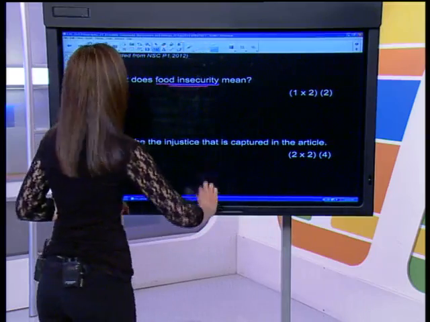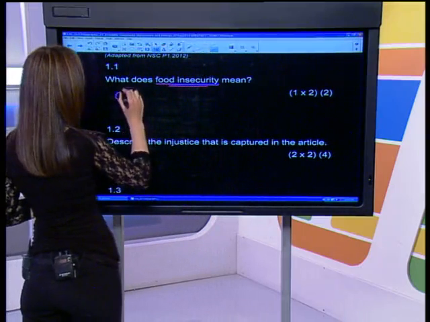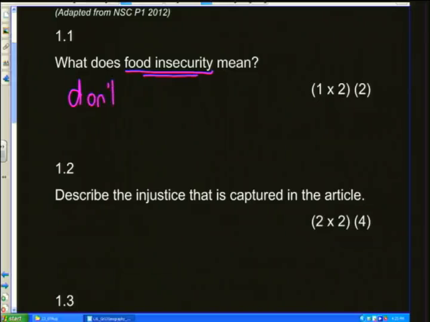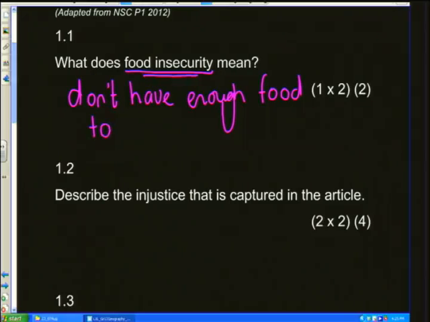They don't have enough food to meet their daily needs. And this could also happen because of exceeding population growth, which means that the demand is exceeding the food supply.